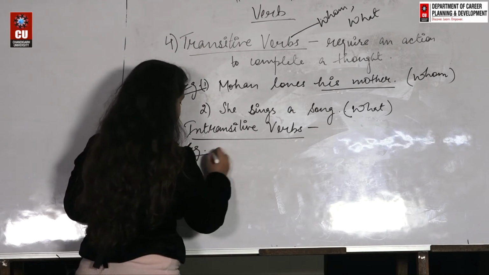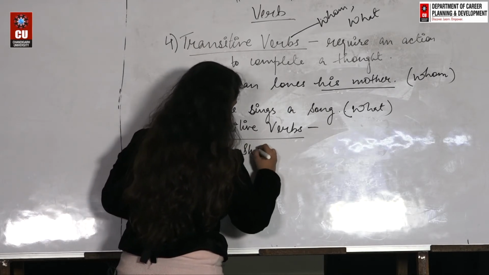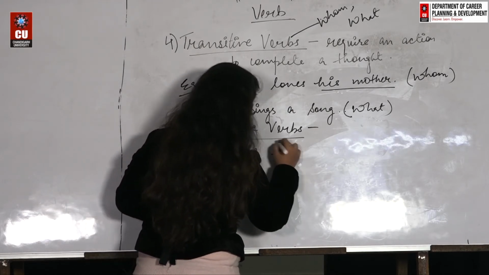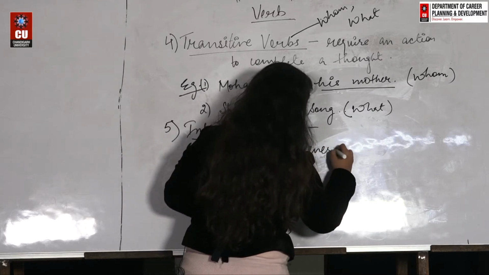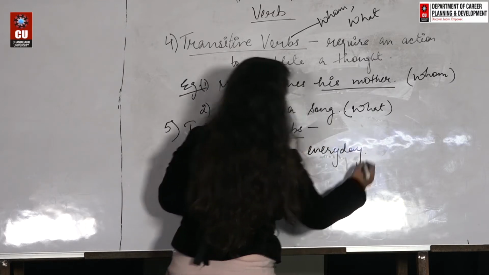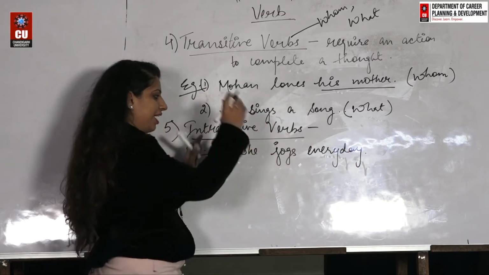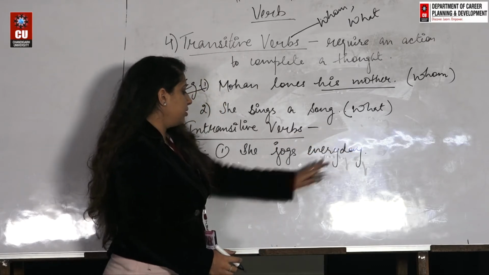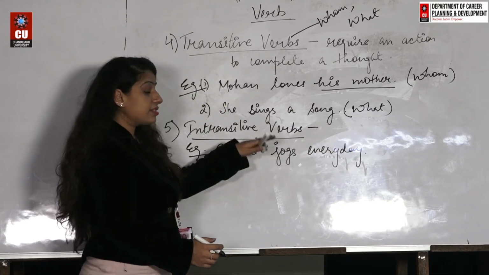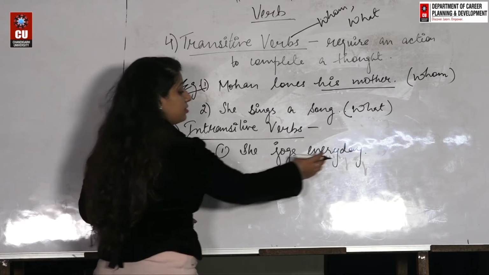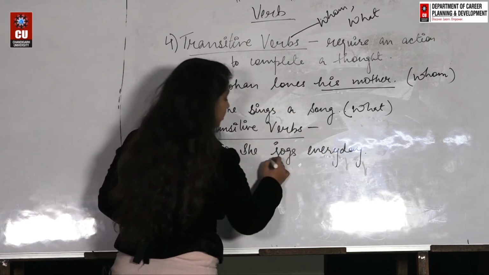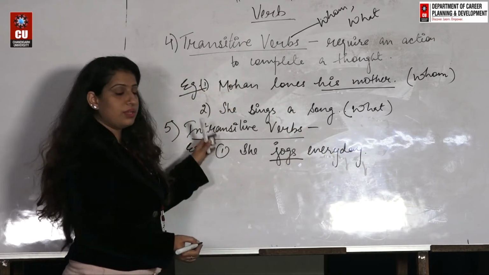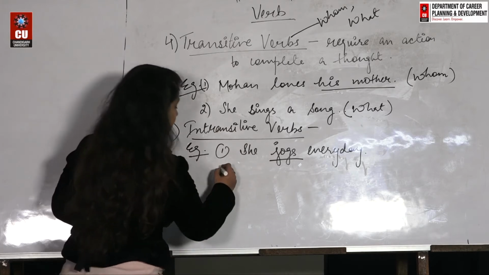Example, she jogs every day. In this sentence, if I remove the words every day, what will remain? She jogs. Now again it is giving us information, but the removed part was only giving more detail. So this is an intransitive verb.